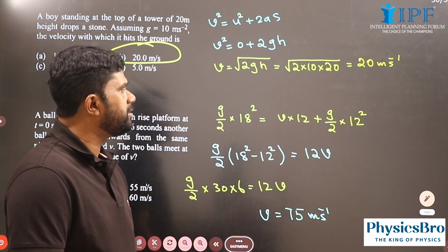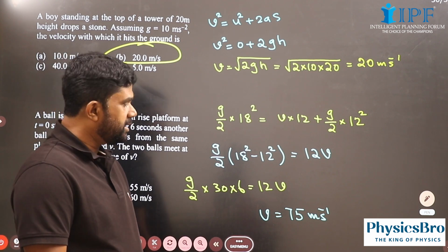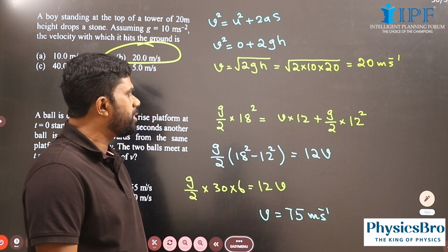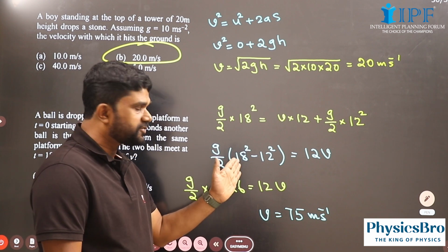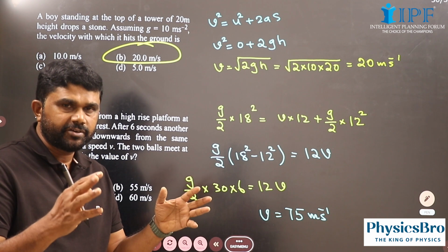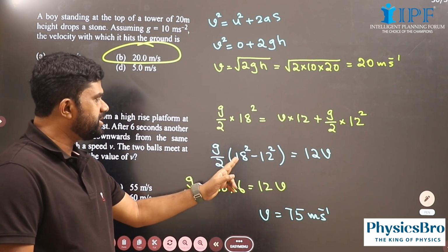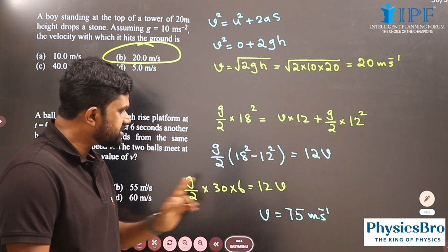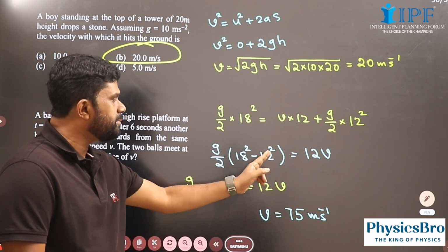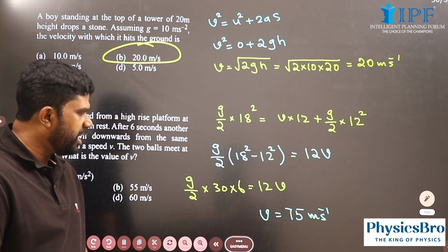So here we have 12v. When that g by 2 into 12 square is taken to the left, it will be g by 2 into 18 square minus 12 square, and this is of the form a square minus b square, and it can be converted as a plus b into a minus b. So g by 2, a plus b means 18 plus 12, that is 30, a minus b means 18 minus 12, that is 6, and here we have 12v.